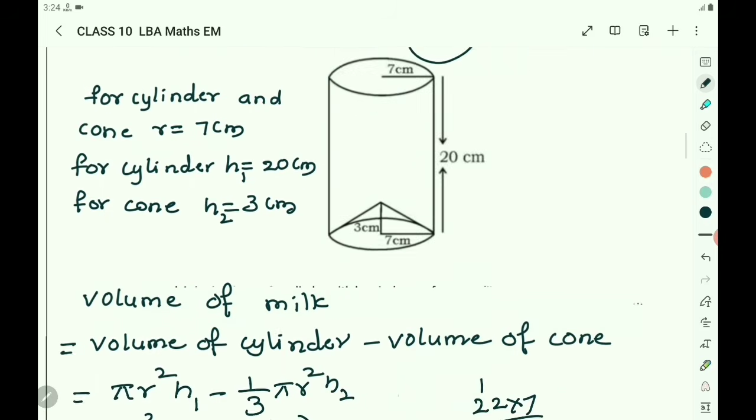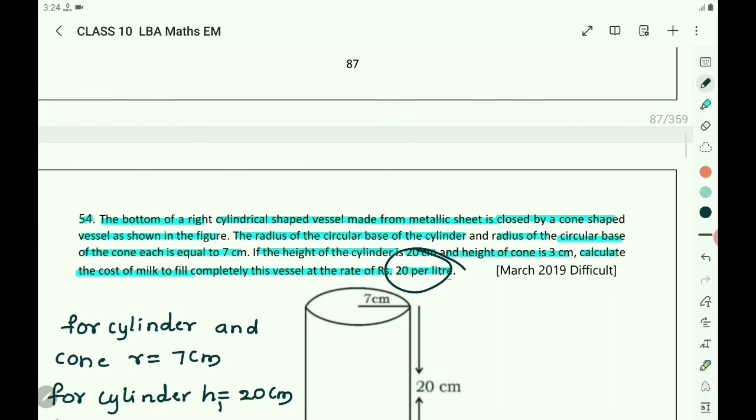Then the rate of the milk is given, that is rupees 20 per liter.